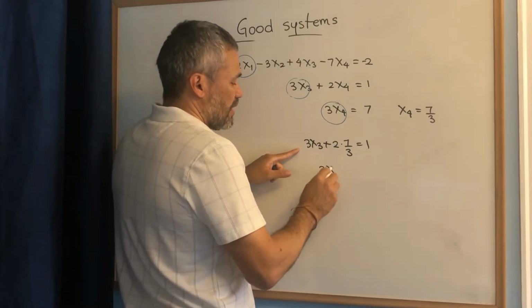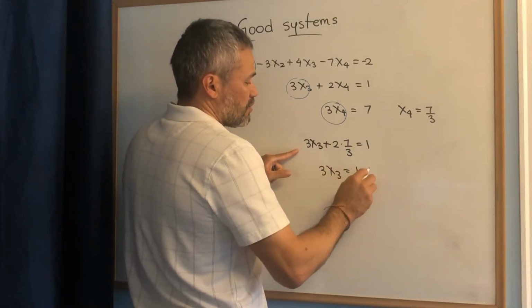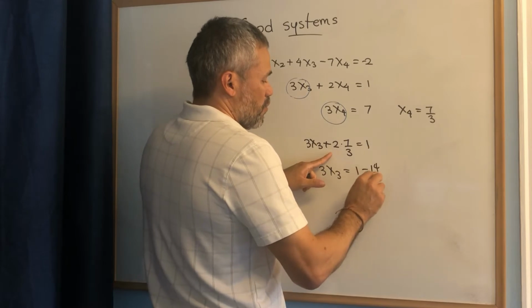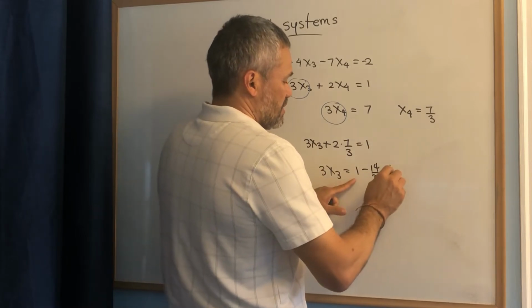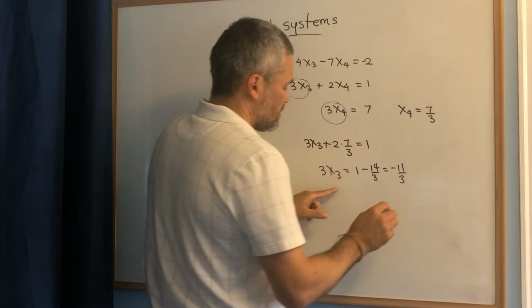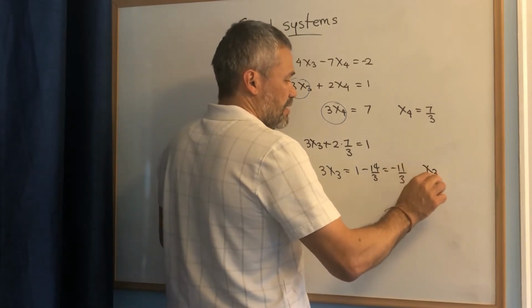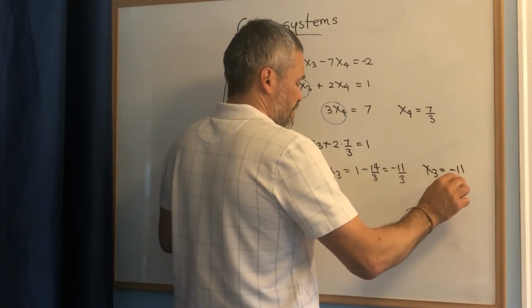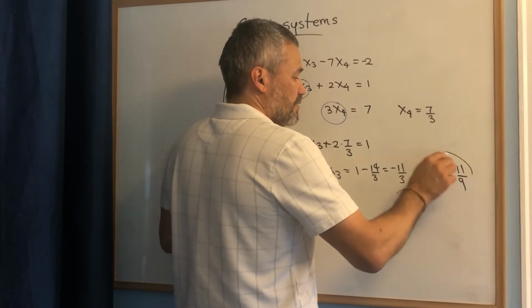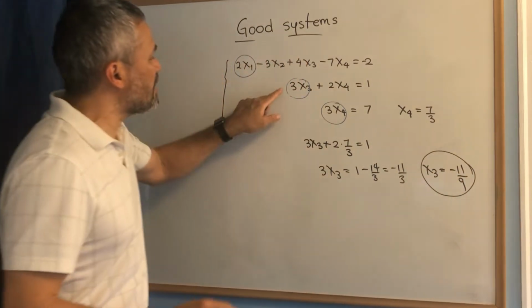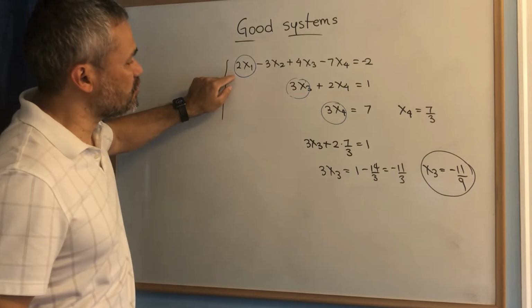That means that 3x3 is equal to 1 minus 14/3, which is negative 11/3. And that means that x3 is negative 11 over 9. As you see, I'm solving for those variables that first show up.